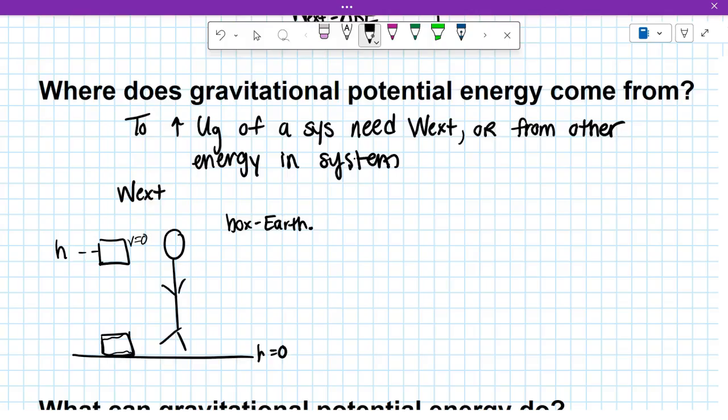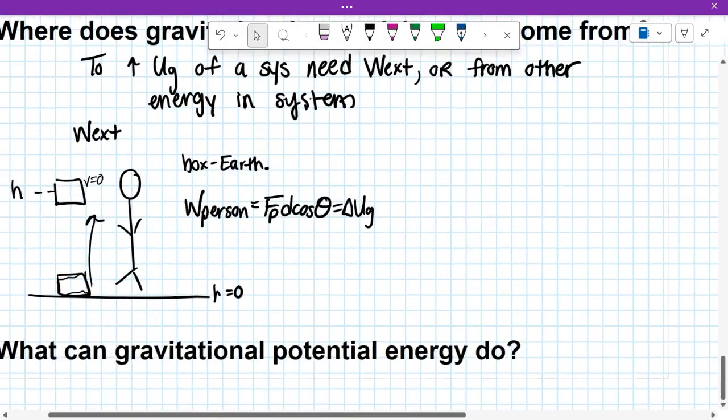So we have to figure out where that potential energy came from. Well, the person lifted the box, so that must mean the person did some work because they applied an external force. That work done by that person is what caused a change in potential energy. Energy always has to come from somewhere.